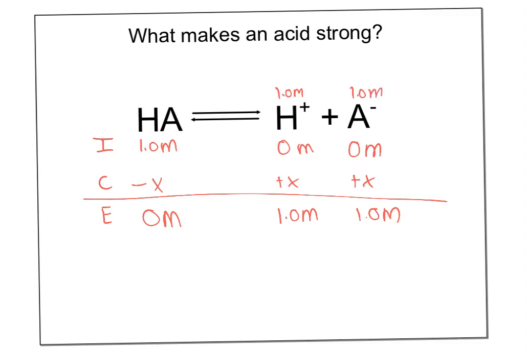If an acid is weak, this will maybe break, maybe we have like 0.97. This breaks into 0.03.